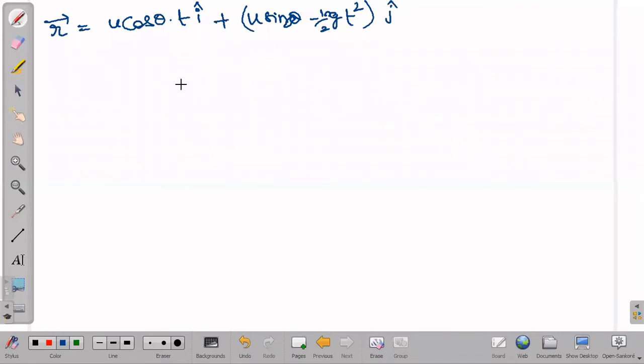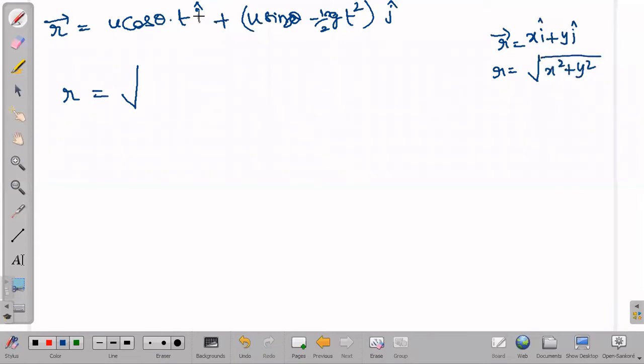So this is our displacement. Now I am simplifying this a little bit. If we write only the magnitude part, what do we do? Magnitude means we write i cap coefficient square plus j cap coefficient square, that we have seen in resolution of vectors. So for x i plus y j, r is equal to square root of x square plus y square, that is the magnitude.